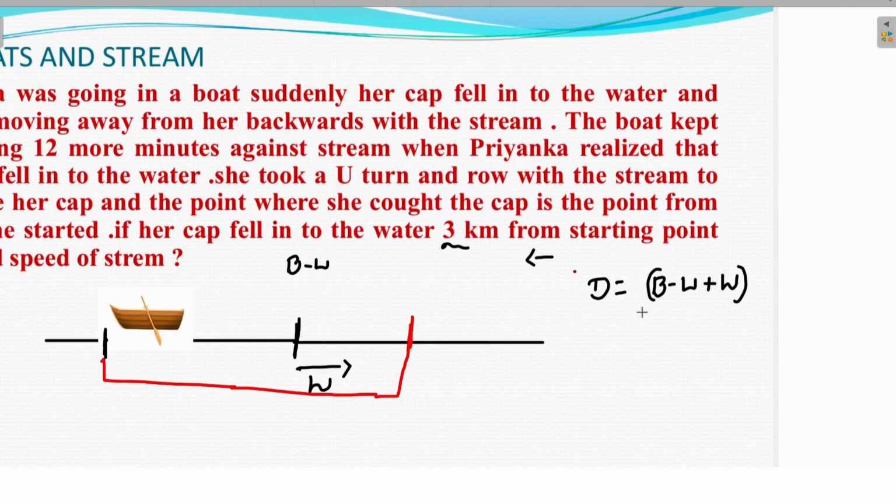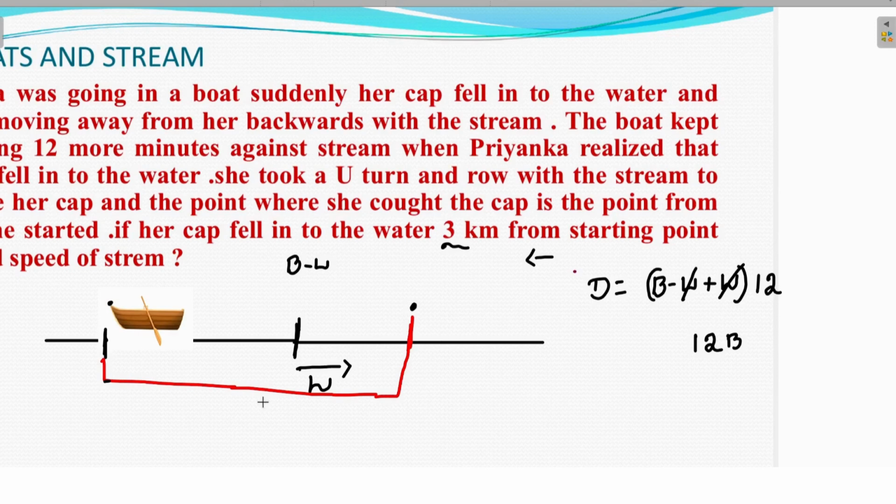If I add, the total distance in 12 minutes, then if I solve this equation, minus w plus w get cancelled, 12b.